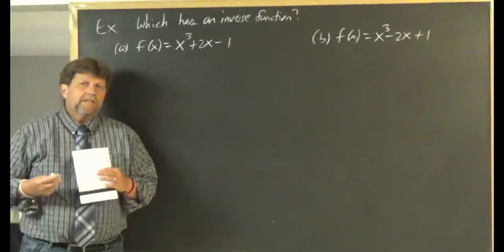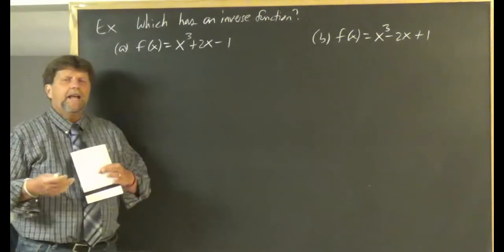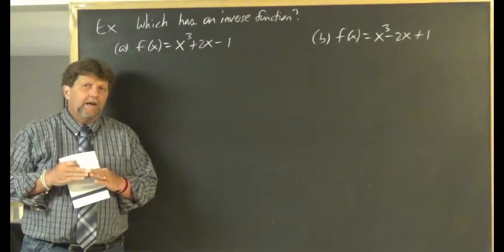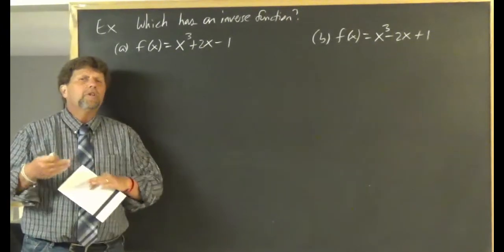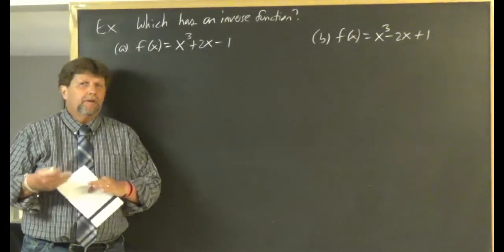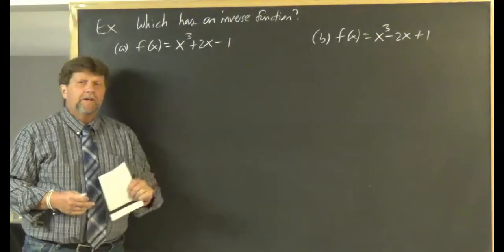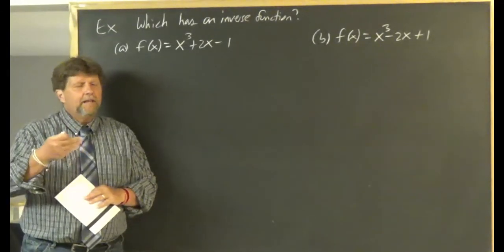All right, folks, for this example, we're going to determine whether or not the function given has an inverse function. Now don't get me wrong, the first thing I would do when I'm asked if this has an inverse function is look at the graph and see what the graph is indicating. So I would encourage you to graph this function. And when you graph the function, you should say, you know what?